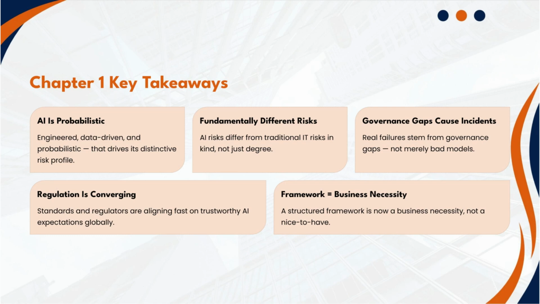Start with what it's optimizing for and who decided that. Number three, risk management protects value, it doesn't oppose it. Your job is to make yes possible. And number four, the regulatory tide is coming in, and it converges on the same expectations everywhere. Build to a framework, and you're building for all of it.